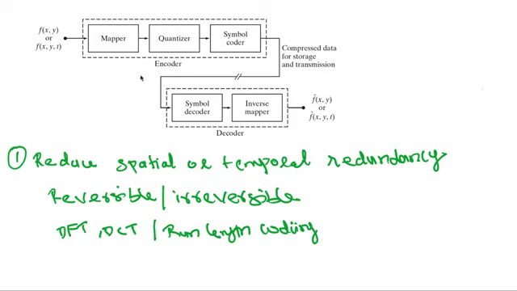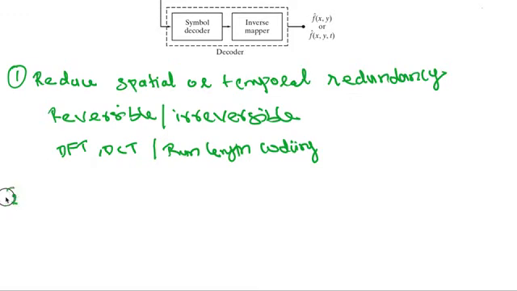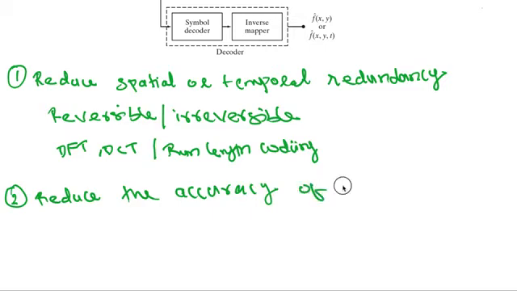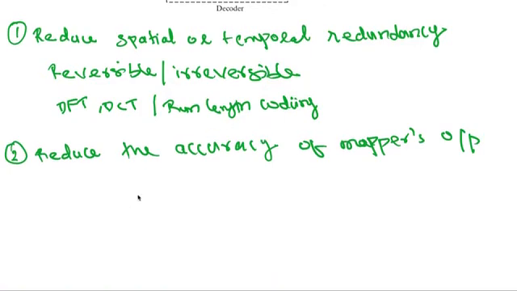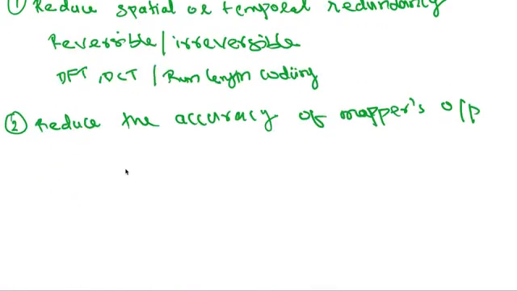The next stage in this process is the quantizer. Okay, so the purpose of the quantizer is to reduce the accuracy of the mapper's output. Whatever value the mapper gives, the quantizer reduces the accuracy of it. So you can take an example. Suppose that at some stage you have an image.